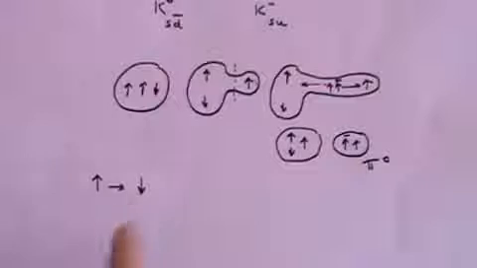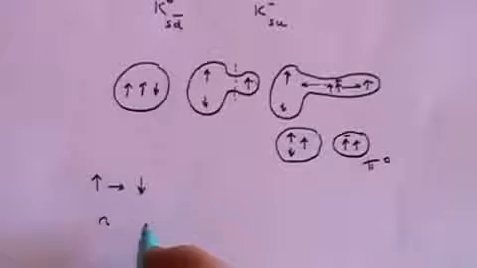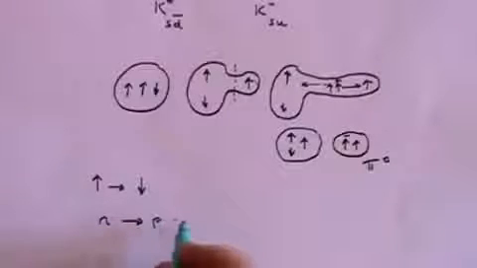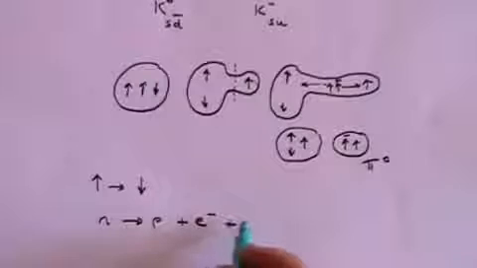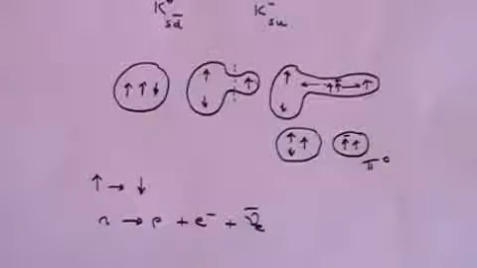Let's take, for example, the situation where a neutron decays into a proton. When it does so, it also produces an electron plus what's called an anti-electron neutrino. These two, the electron and the anti-electron neutrino, are leptons. They don't have quarks. Only these two have quarks.